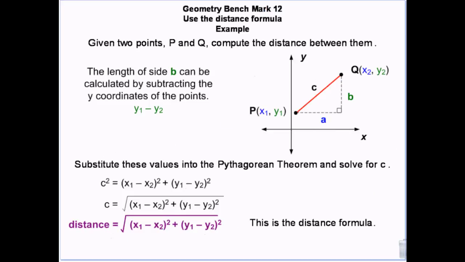Okay? So what you'll do, if you want to find the distance between any 2 points, here's point 1 and here's point 2. You plug in the x's and subtract them and square them. And you plug in the y's and subtract them and square them. And that gives you the distance formula.